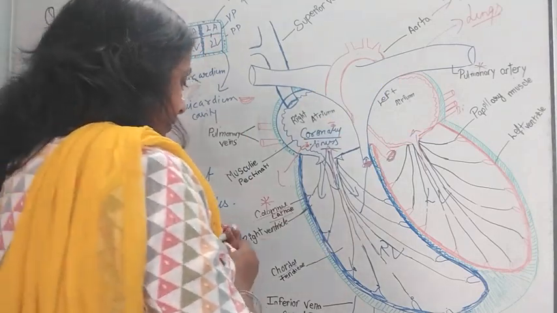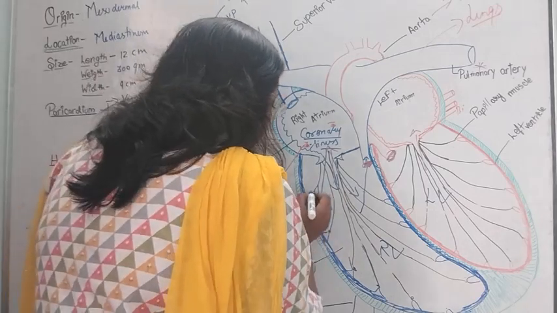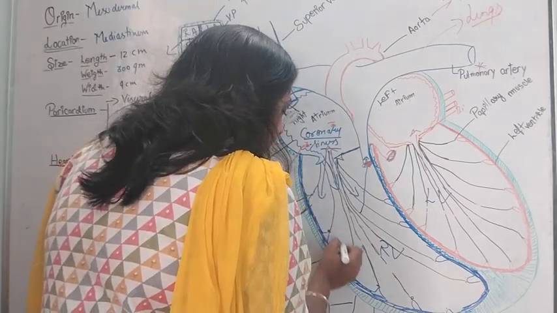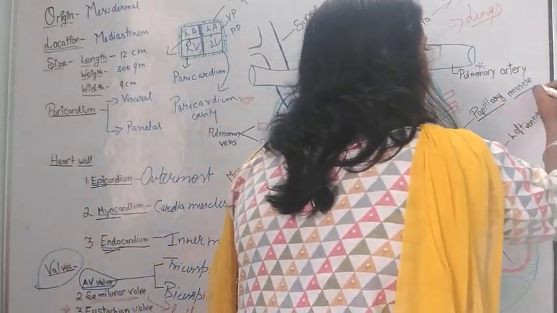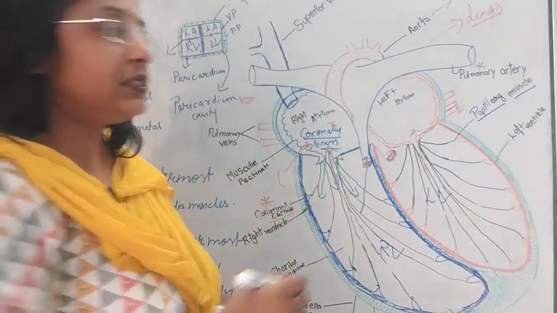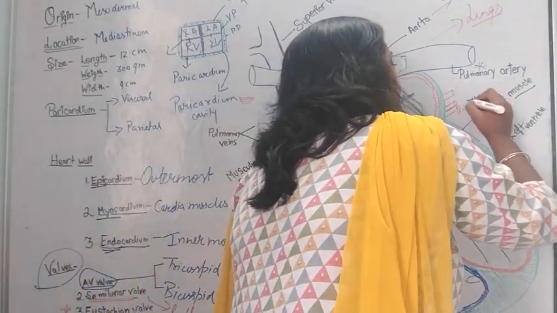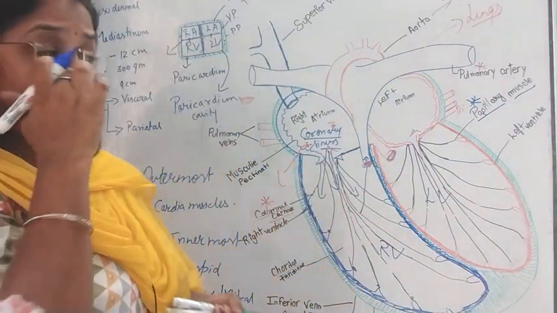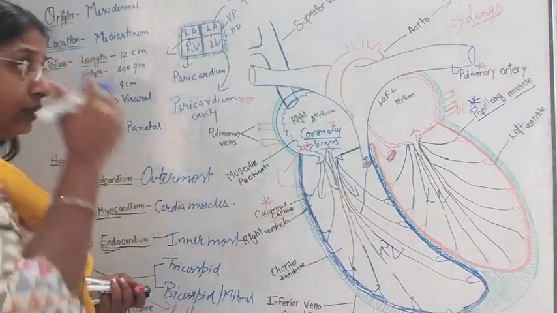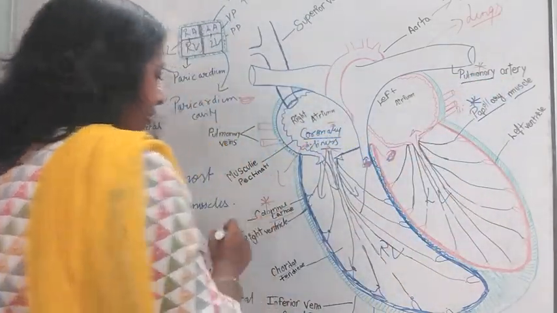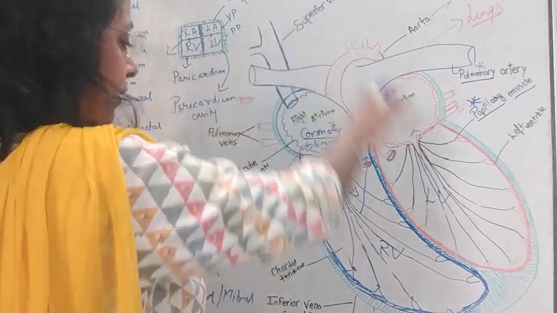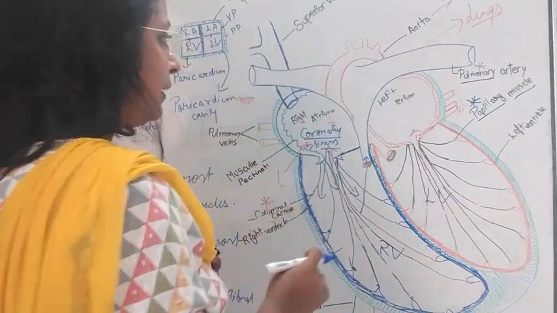At the apex of the columnae carneae, there are some specialized muscles known as papillary muscles. It is very important in many competitive exams. Papillary muscles, pulmonary artery, columnae carneae, all have huge importance.